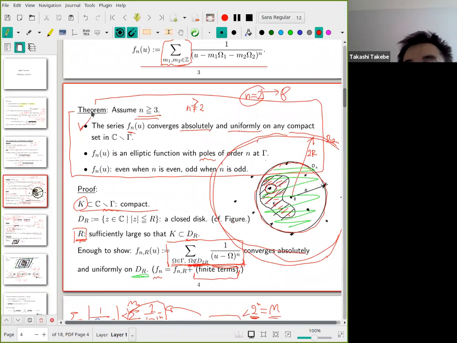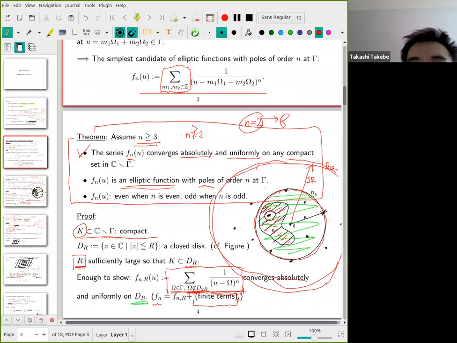Now let's prove that this series defines an elliptic function, namely a meromorphic function which is periodic.